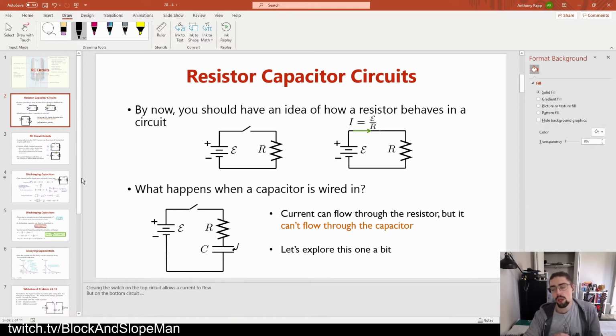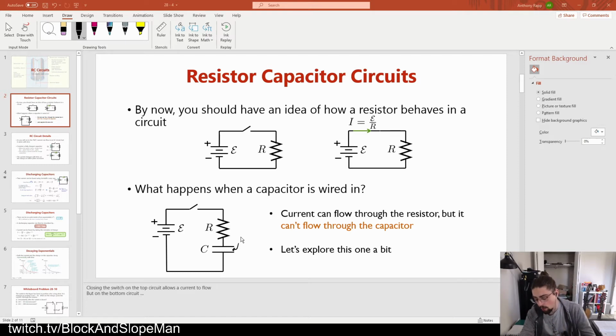With the gap in between those two plates, whether they're fins or plates or whatever, the idea is that when there's a gap between those two, charge can't actually move between those. So was there any current to move at all?